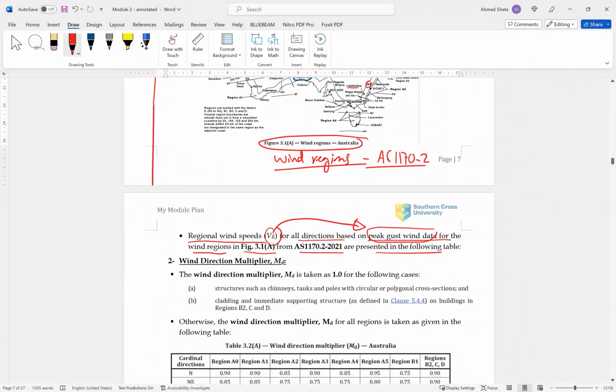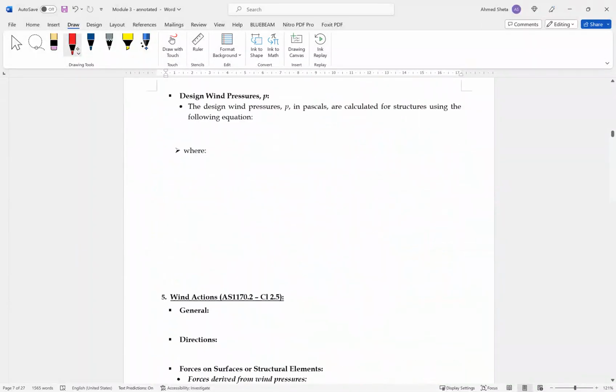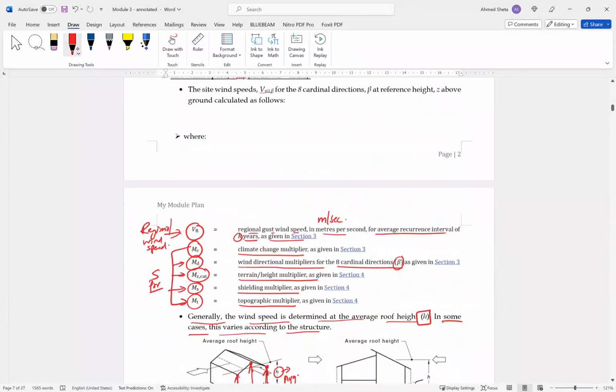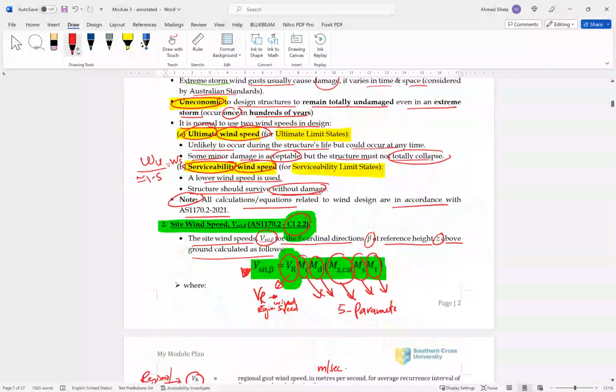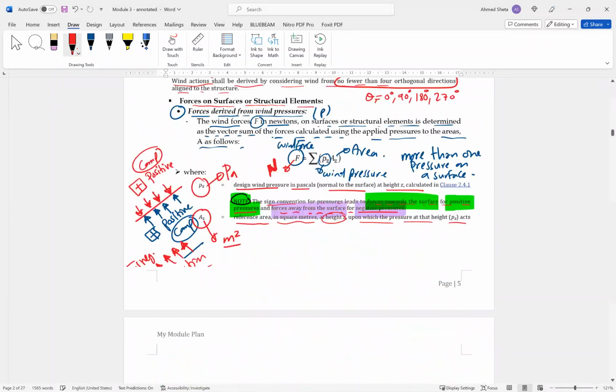So the next parameter we are looking at after the wind speed is the wind direction multiplier MD. Where is MD? If we go up to the site wind speed formula, this is MD. So now we know VR, and the next is MD.